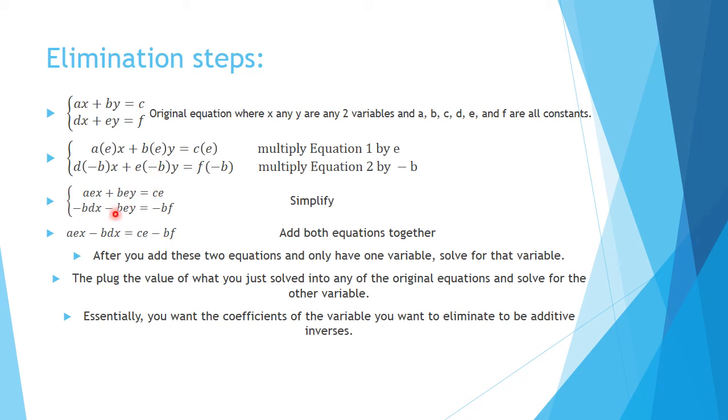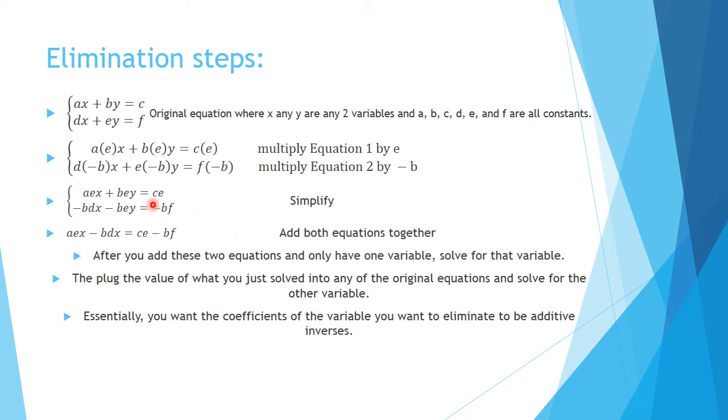Essentially, your goal is to make these equal, so this is the easiest way. But make sure that the signs are different. If they're both plus, you would get 2bey, which would defeat the purpose.